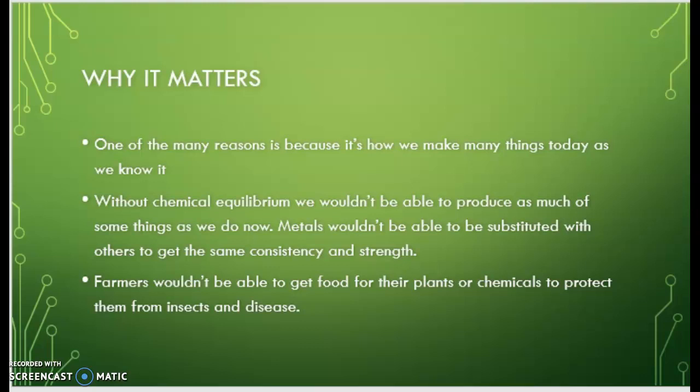Chemicals, metals, foods produced with this formula. Many other things that go on have to use chemical equilibrium to function. If not, then it'd be very inefficient.